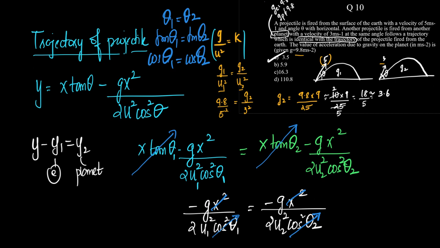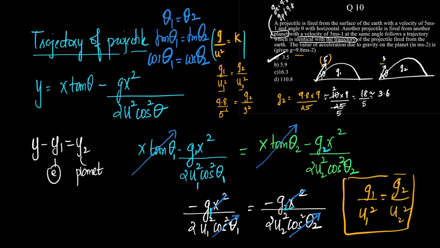So all we are left with is g by, in which case I should ideally be writing g1 and g2, right? So we have g1 by u1 square is equal to g2 by u2 square. So this is how we arrive at the formula in a very algebraic manner.